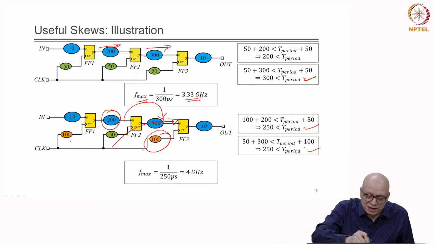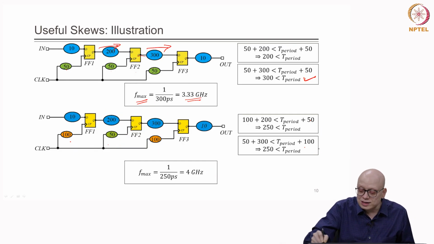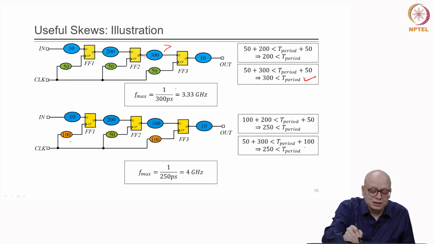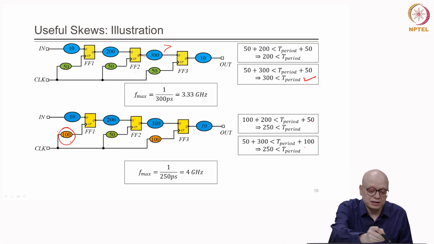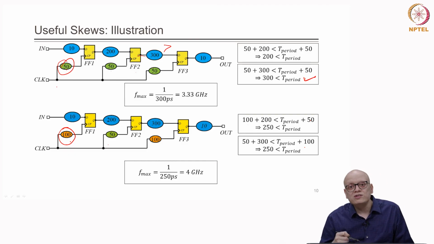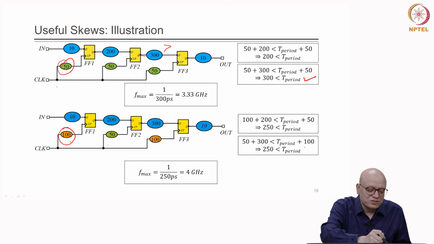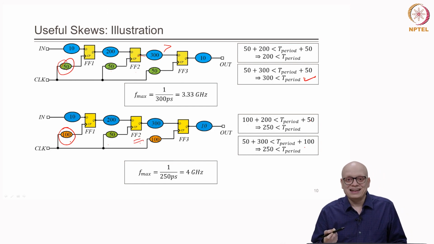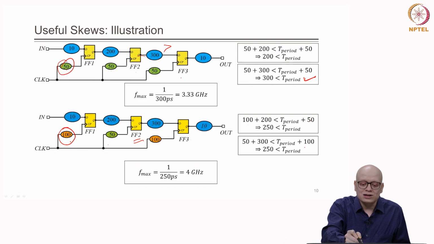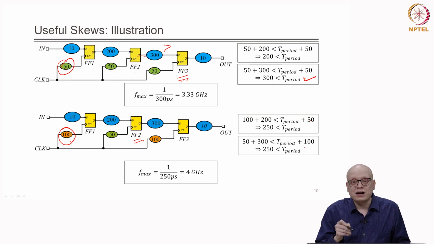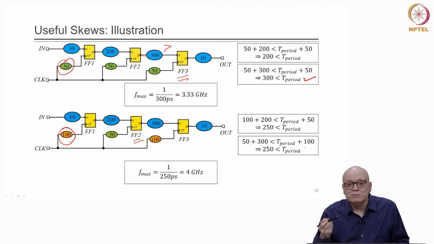Now, a couple of things are important to note here. The first thing is that we have increased the delay of this clock delay element from 50 to 100. What if we increase it further? Then this FF2 will become more critical. Earlier the critical path was the one ending at FF3, when FF3 was acting as the capture flip flop.